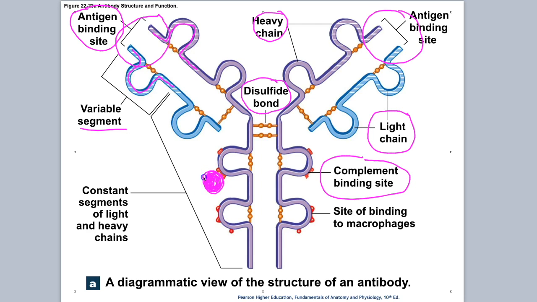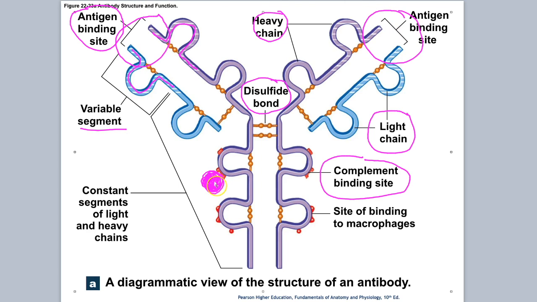So here's our little complement protein. And remember, we said the complement protein can hook this antibody up to a red blood cell. Okay, so we could draw a big red blood cell, very, very big here. Okay, much bigger than this antibody. And this red blood cell could then tow this antibody and whatever stuck to it out here at the antigen binding sites to a part of the body where macrophages can destroy the foreign antigens.